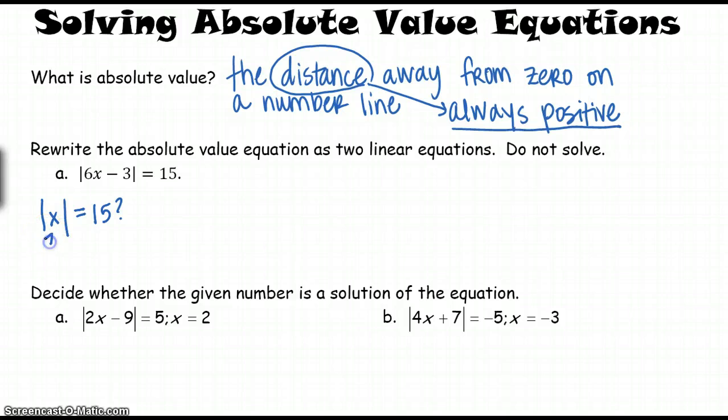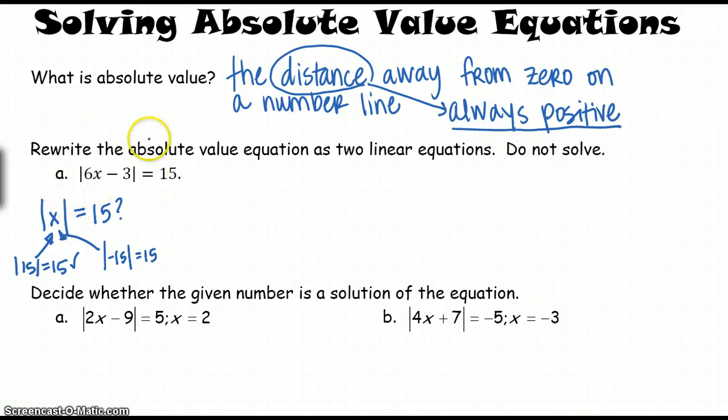So the absolute value of 15 is 15, so 15 works. We also could substitute in negative 15, because the absolute value of negative 15 is 15, because it's always positive.